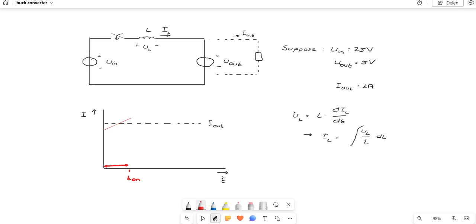Now look what happens when we suddenly open that switch, or when we take that MOSFET out of conduction. Due to that coil, that inductor over here, that current IL will keep on flowing in that circuit. But because that switch is opened, it's not possible anymore for the current to flow.